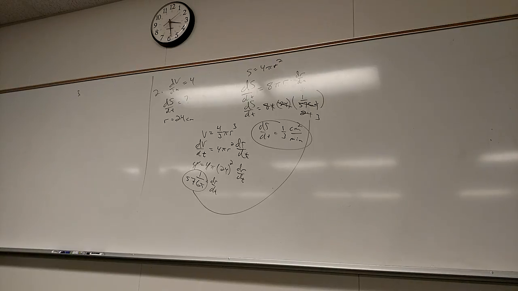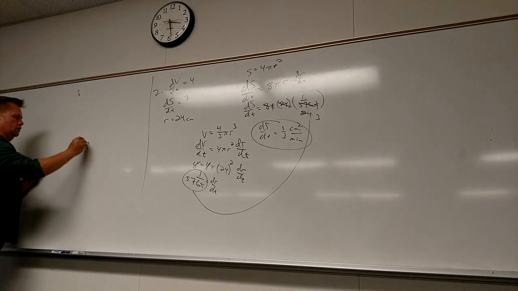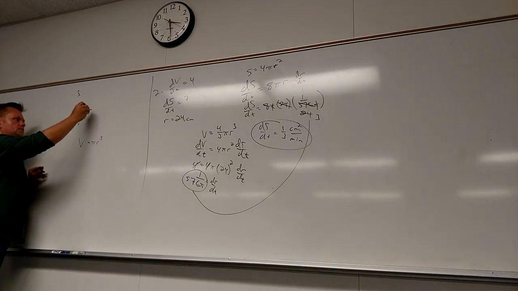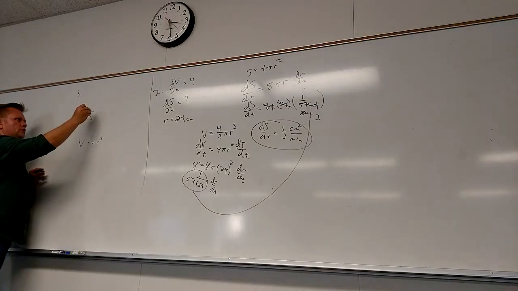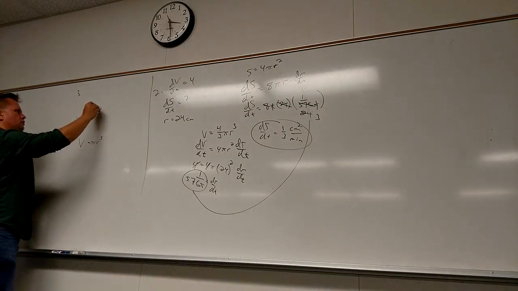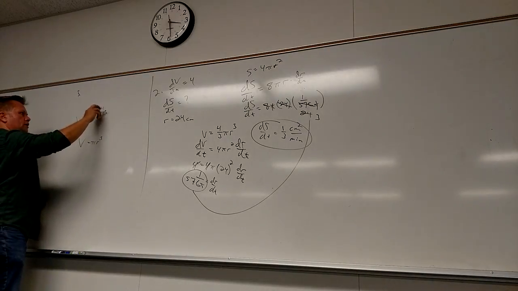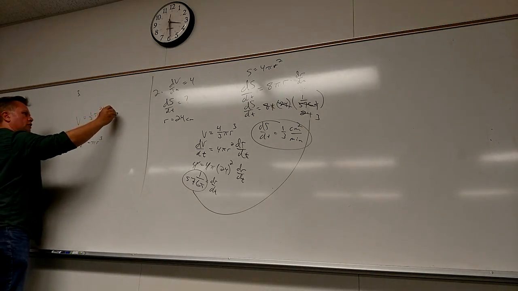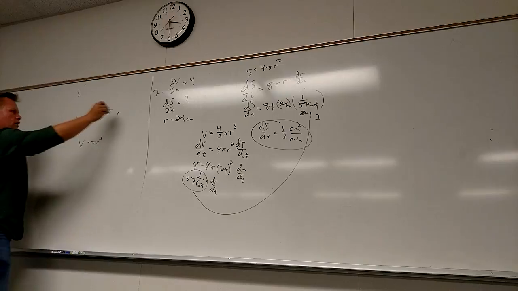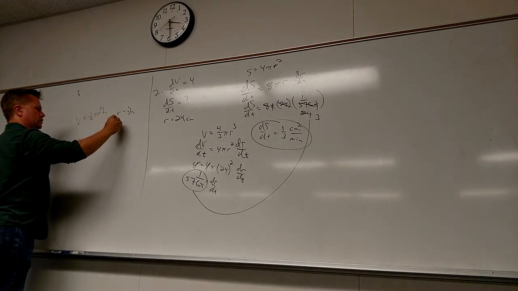r times r is r cubed. And of course 3 times 1/3 is gone. That's why I've got the pi r cubed. So I had a pi r cubed up here. How did I get there? Because it's 1/3 pi r squared h. And we know that the radius is 1/3 h, meaning that the height is 3r.